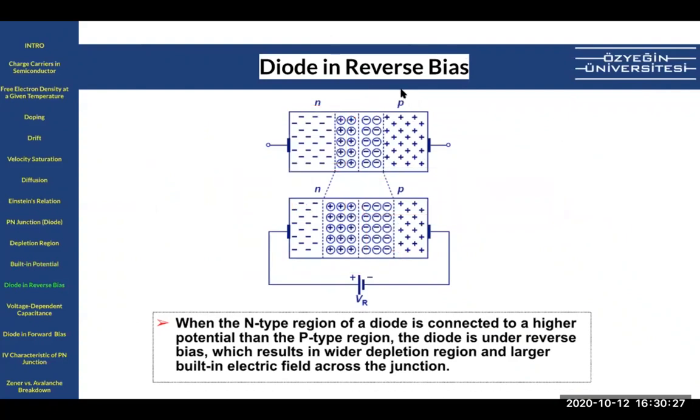Okay, what happens if we reverse bias a diode? What does reverse bias mean? So the right side is pluses, left side is minuses, like basically right side is P junction, left side is N junction. And what happens if we provide a voltage source with minus voltage at the right side and plus voltage at the left side?